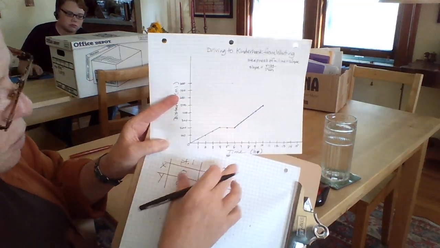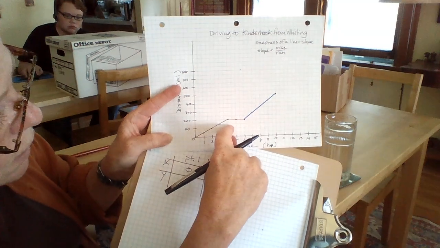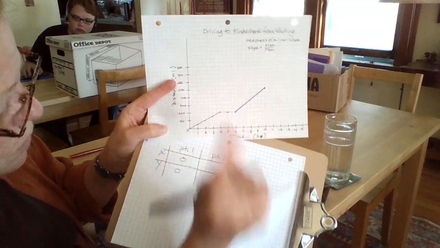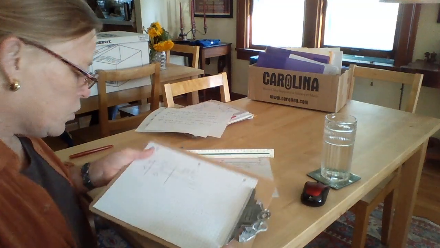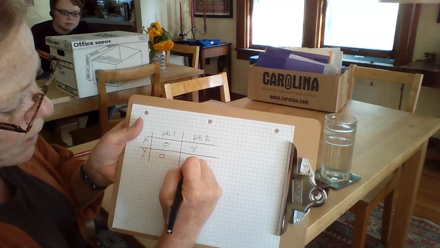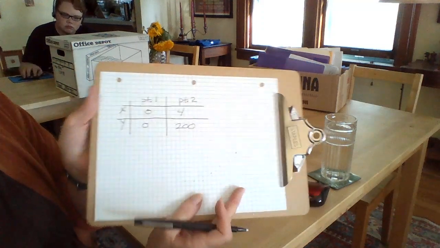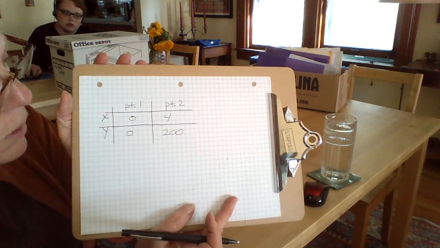Our x for point 2, our x is 4 hours, and our y is 200 miles. So we put a 4 here, and we put a 200 here. You don't have to worry about units. Oh my goodness, isn't that fabulous?